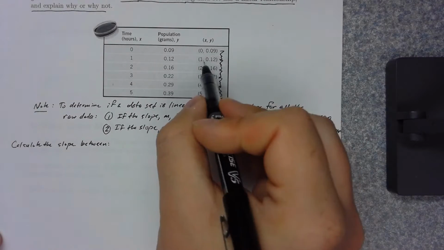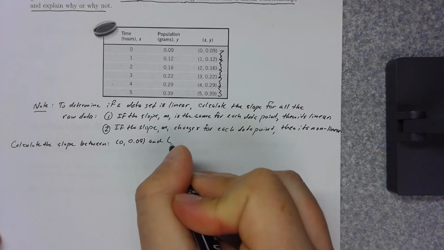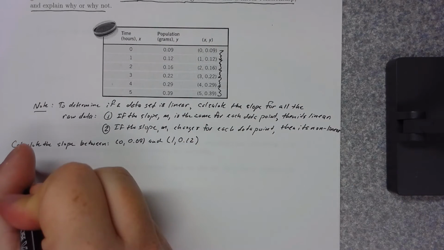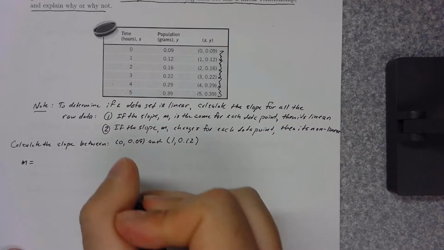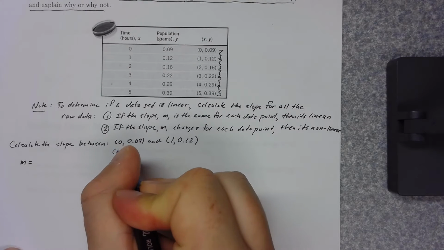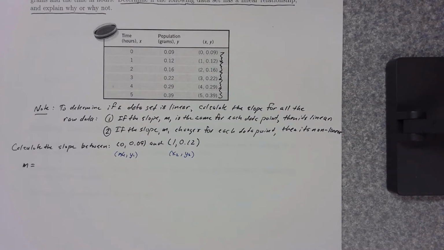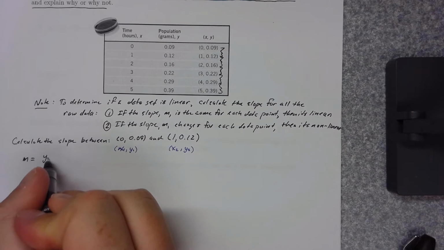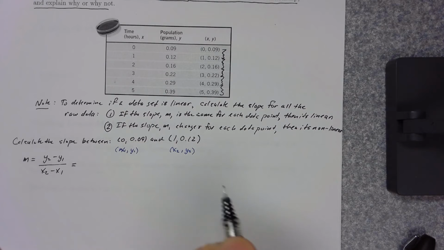Between the first data point and the second one. So this is x1, y1, next to x2, y2. So you know how to calculate the slope. It's y2 minus y1 over x2 minus x1.